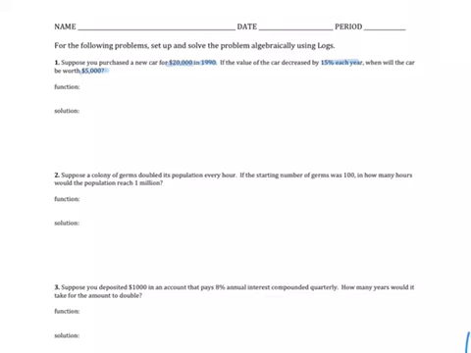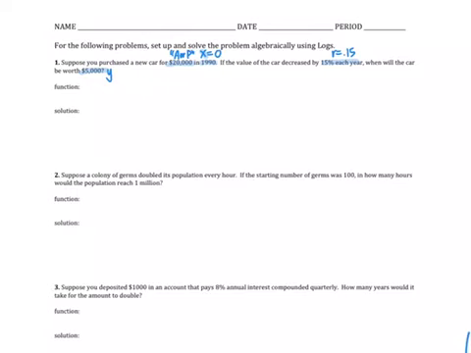Okay, so we know that 1990 is x equals 0. I know this is my A or P, whichever way you want to write that. And then 15% a year, that's my R, 0.15. This is my Y value that I'm solving for.